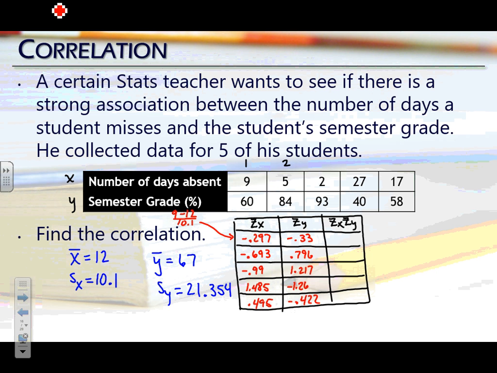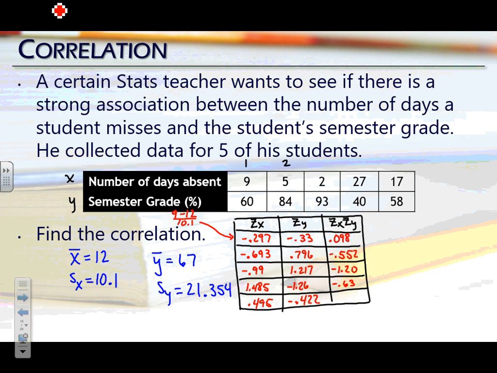Okay, so what do we get for the first? 0.098. Okay, second row, what did you guys get? Negative 0.552. Third row, negative 1.20. Okay. Negative 0.63.